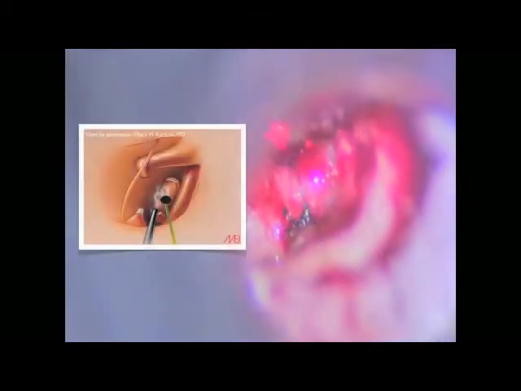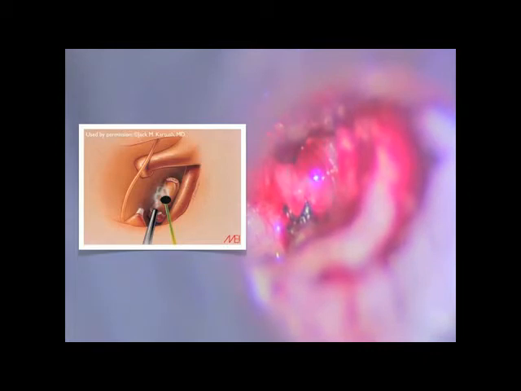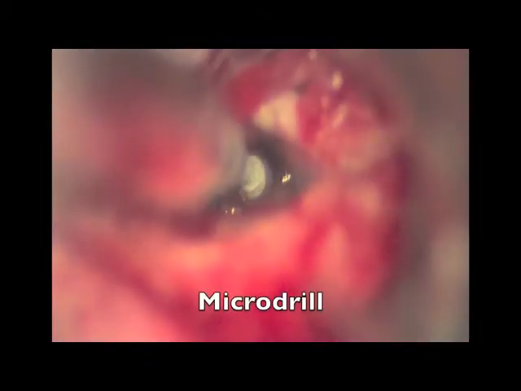After this is done, the stapes superstructure is downfractured and then removed. Here, a CO2 laser with a scanning device is used to create a perfectly round 0.6 millimeter hole into which the prosthesis will be placed.